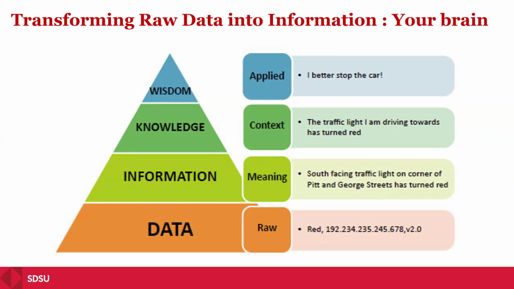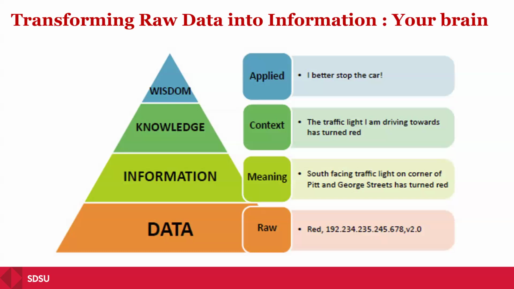Further down, we have information. Information is data that has meaning. In this case, that would be a south-facing red light on the corner of two streets that just turned red. That is something our brain can process to gain knowledge, which is the next transformation of data.